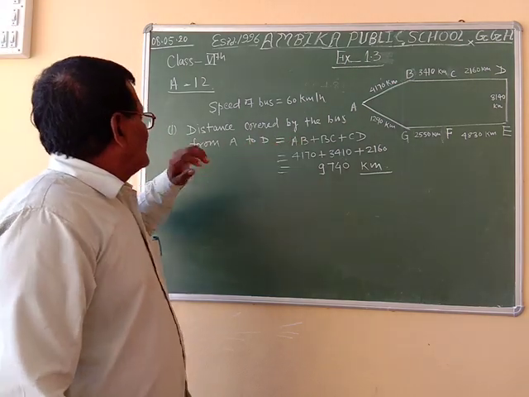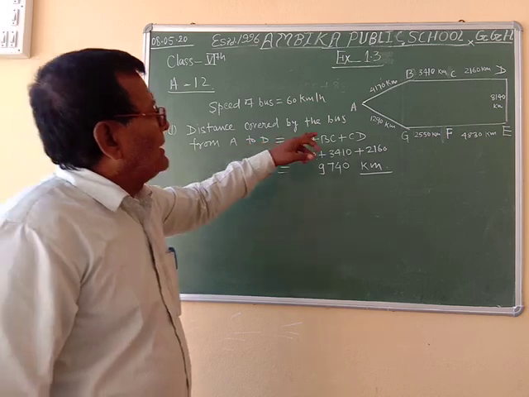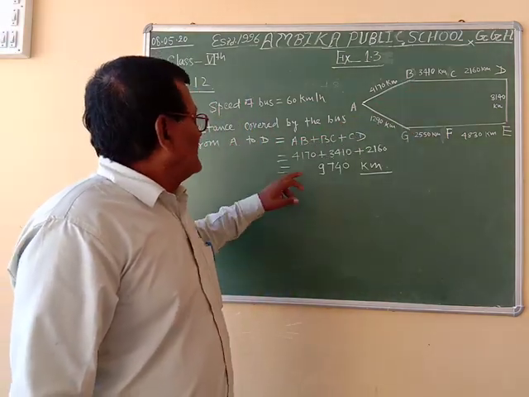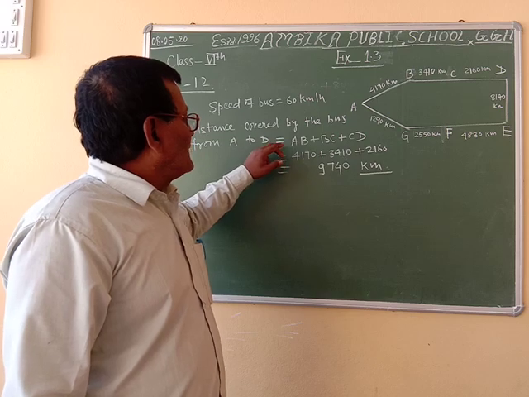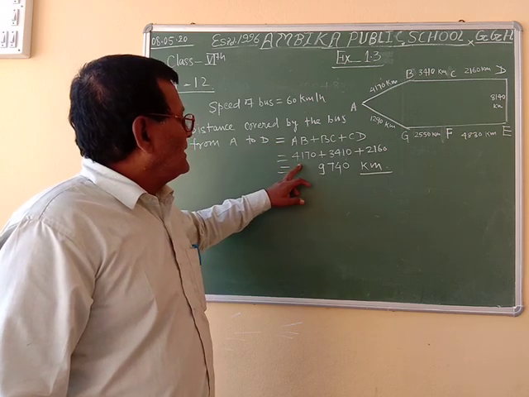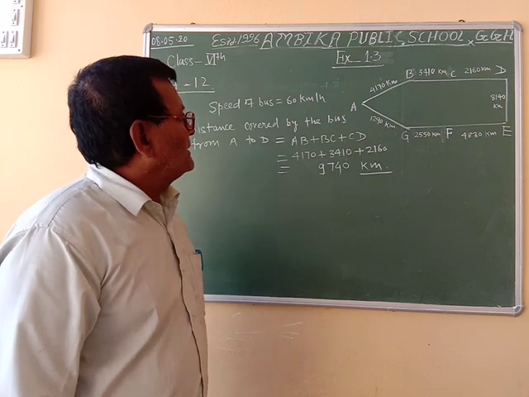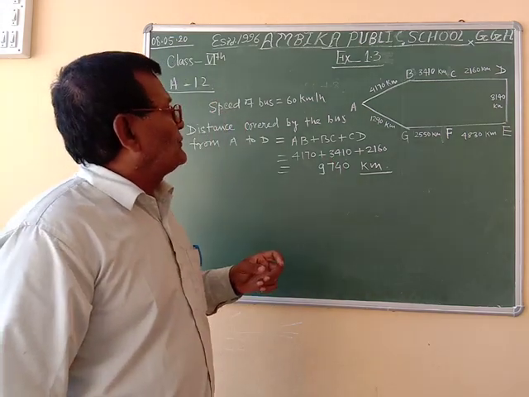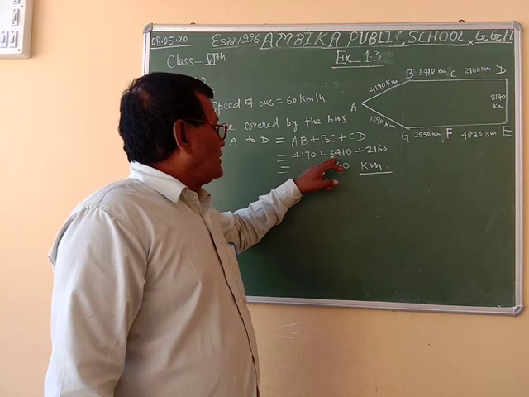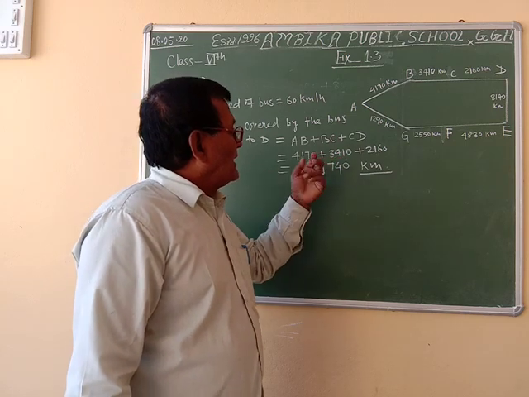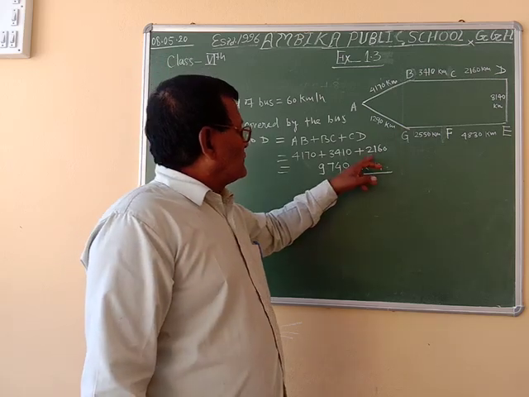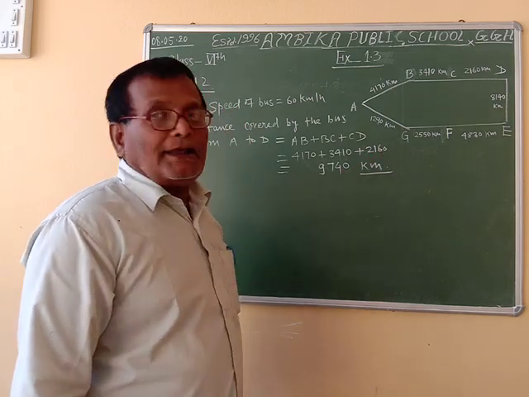Distance covered by the bus from A to D is equal to AB plus BC plus CD. AB distance covered by the bus is 4170 km. Distance travelled by bus from B to C is 3410 km, and distance covered by bus from C to D is equal to 2160.